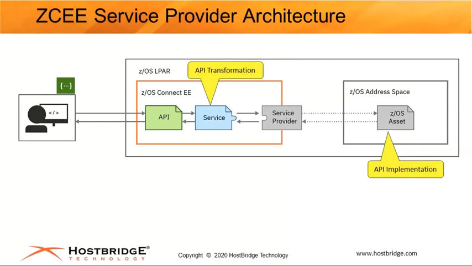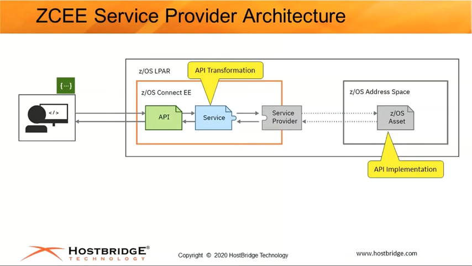The blue box in the middle being a so-called service. And that service is really where the API transformation would occur if it's required. Not all the time do you have to do transformation, but it's nice to have there. And then that edge connector there where it says service provider, that is that edge connector to that other z/OS asset of whatever kind.